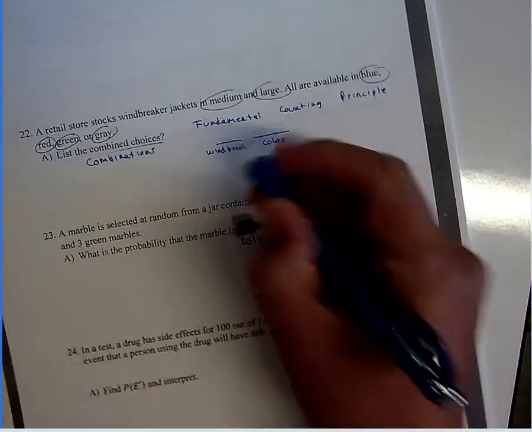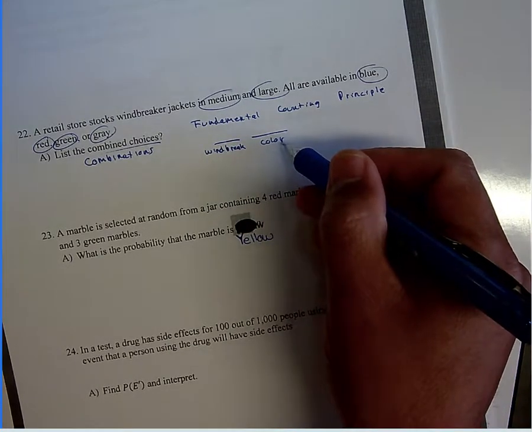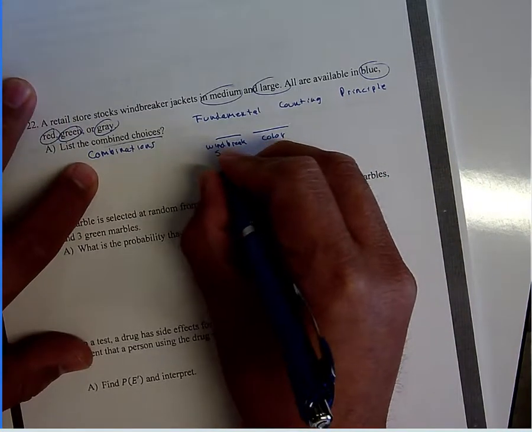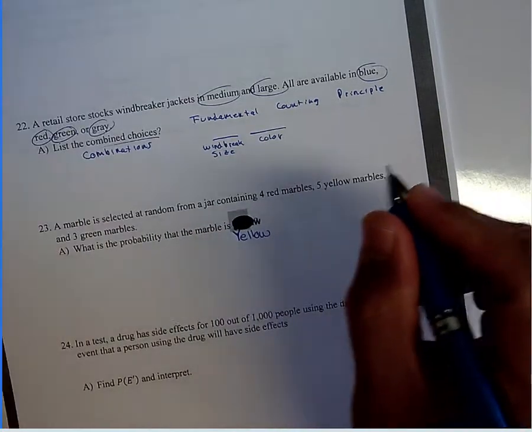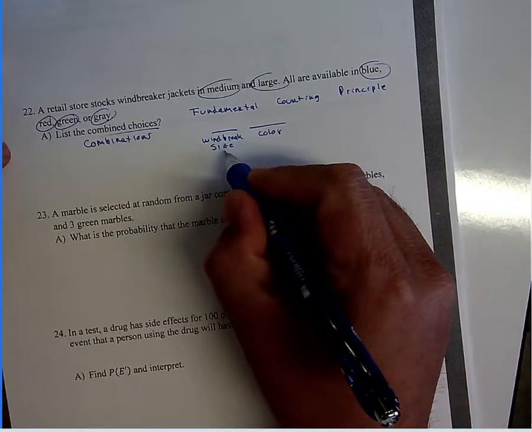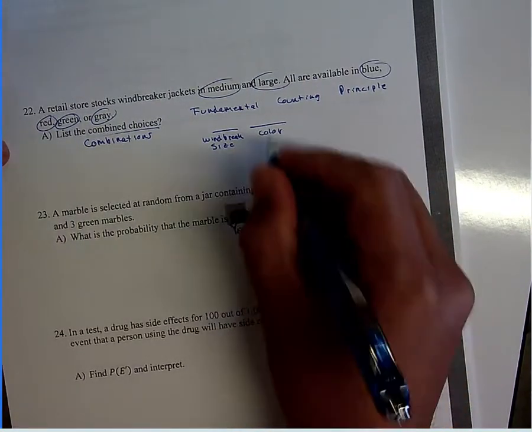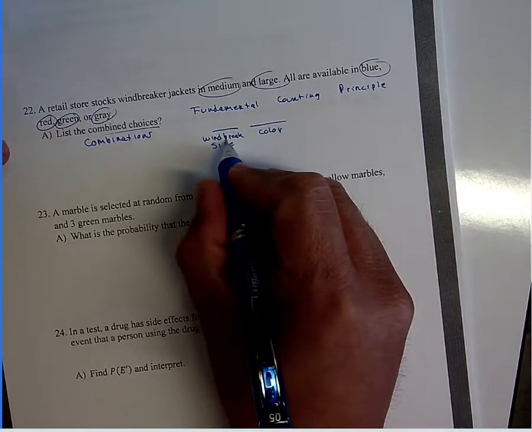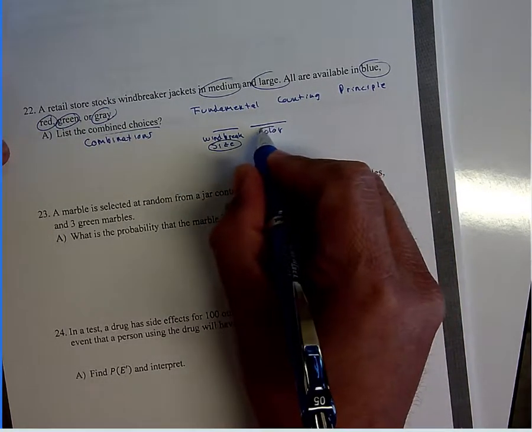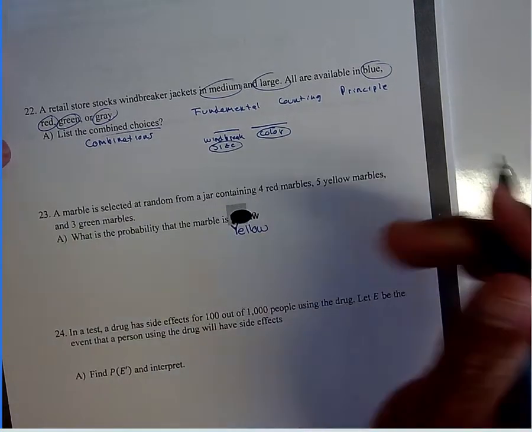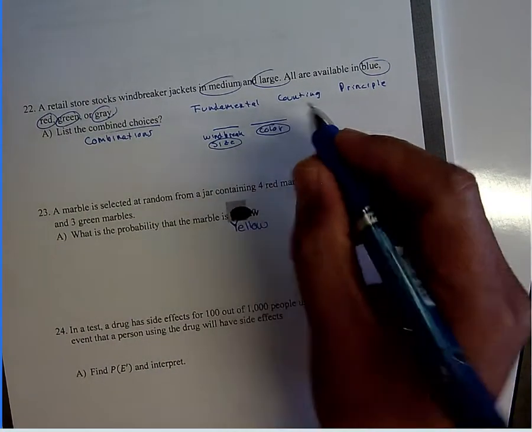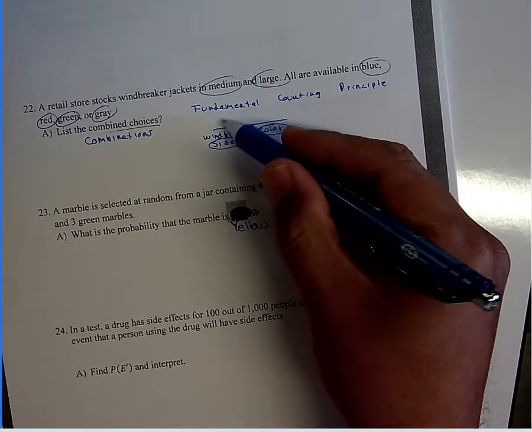So windbreaker size and color. So these are the categories, the size and the color. Kind of misread that. So how many options do we have for the size?